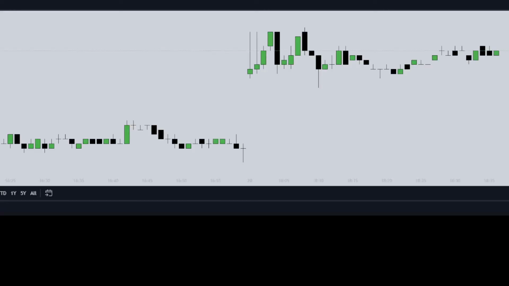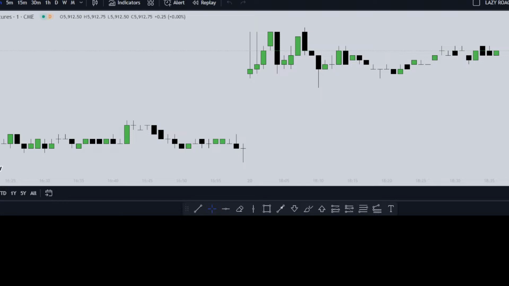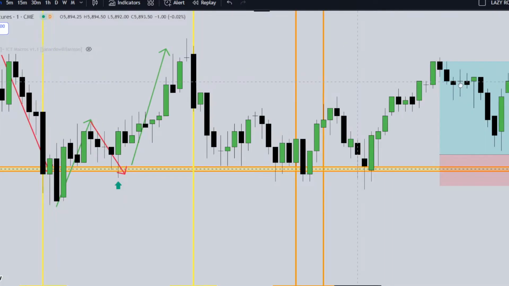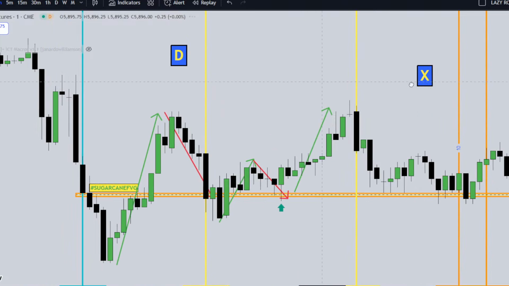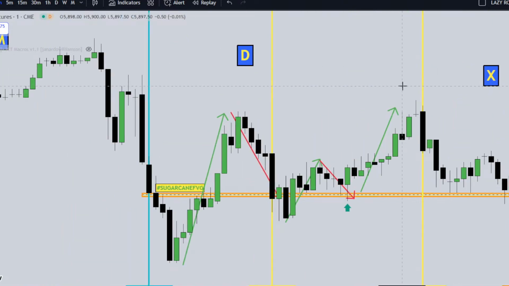Hold on, it's reloading. I can see it now. Okay, perfect. Yeah, I can see it too. All right, good. All clear.